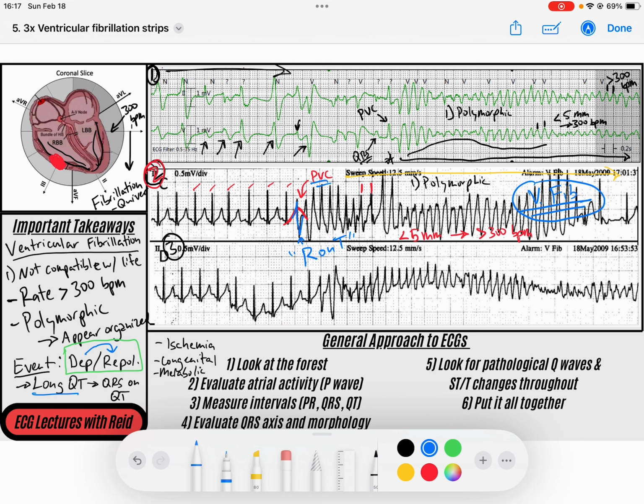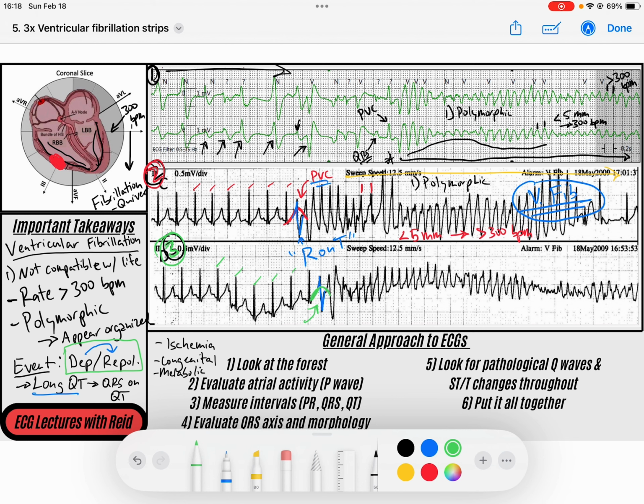Let's look at our last strip here, strip number 3. You see the same type of rhythm here. We've got these QRS complexes that are going along, and then you have another insult, right? That insult is this wide complex beat that comes early, and it comes where? On top of the T wave.